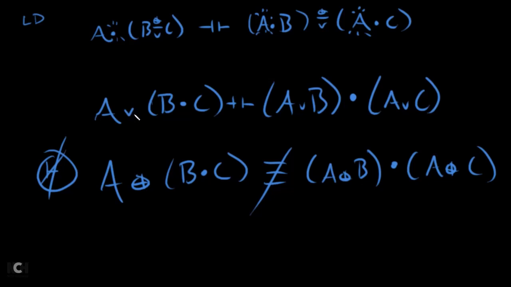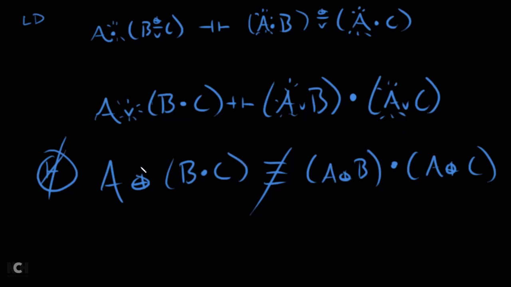Inclusive distribution. Now, wait a minute. You said that I could use this here. Well, look, what's being distributed here is the conjunction. And what's being factored out here is the conjunct. What's being distributed here is a disjunction, inclusive disjunction, and what's being factored out, when we think of it this way, is an inclusive disjunct. What you cannot do is this.